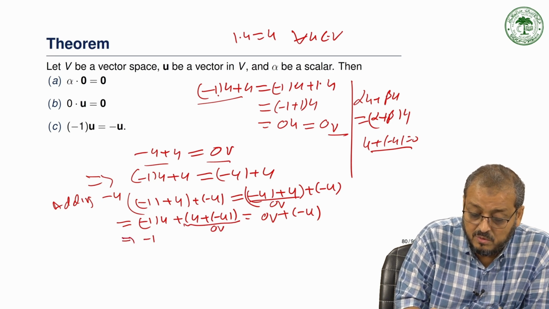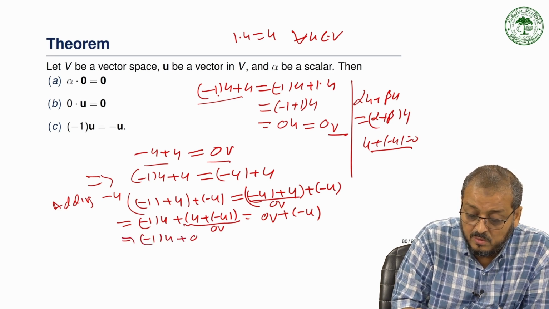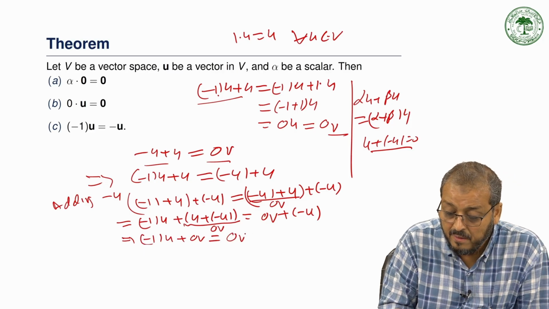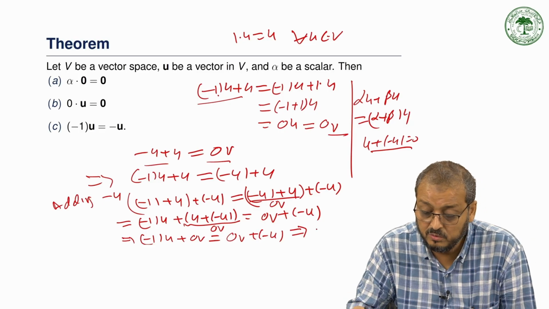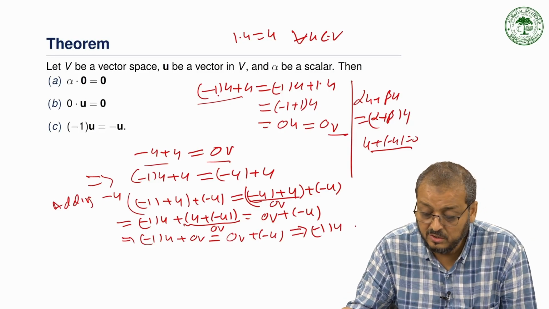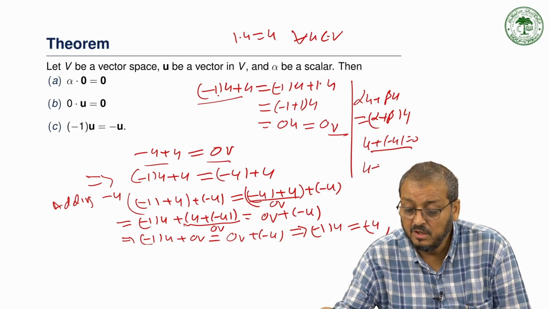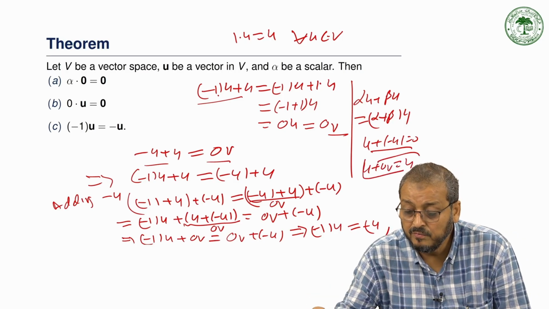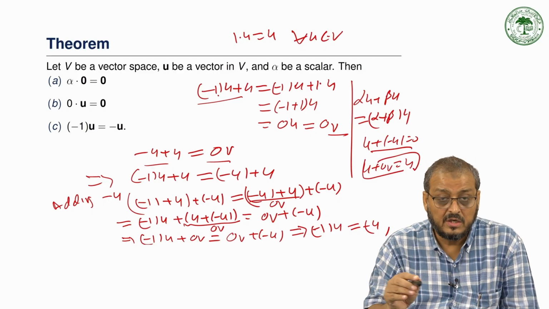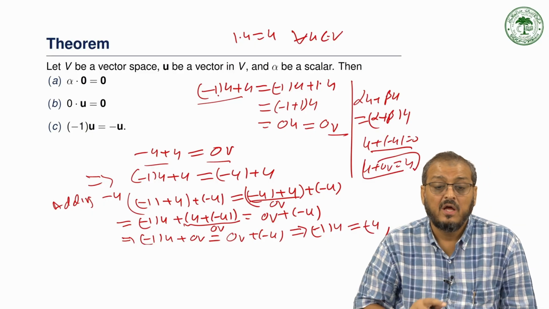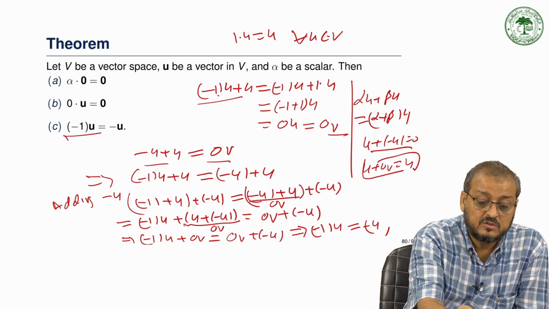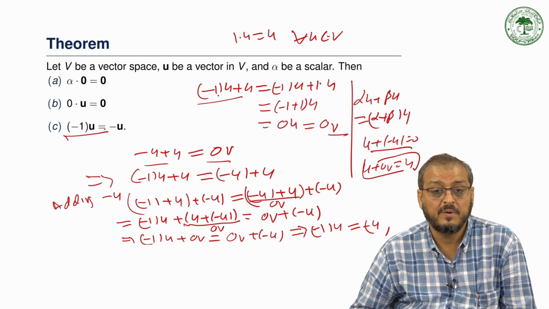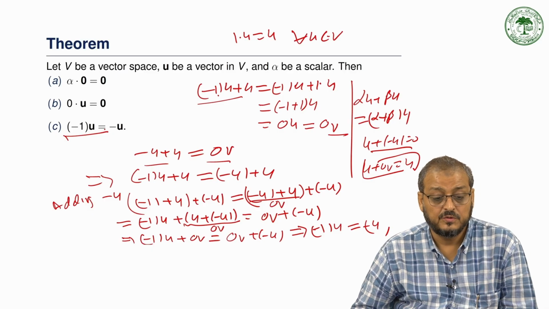This is equal to minus 1 u plus 0 of V, and so minus 1 u is equal to minus u by the property u plus identity of V is equal to u. So in this case we also show that this condition holds. This is very trivially shown in this form.